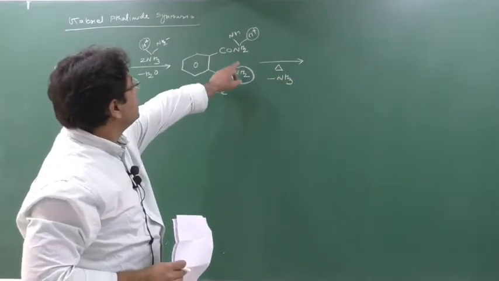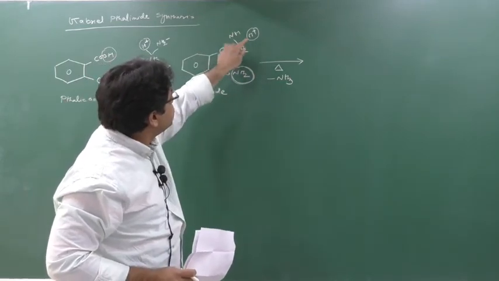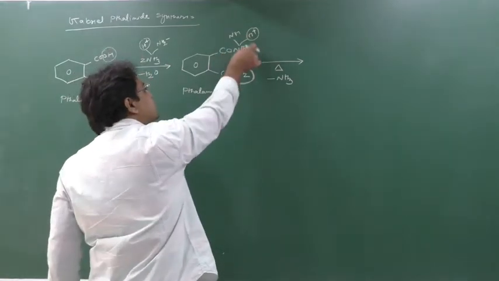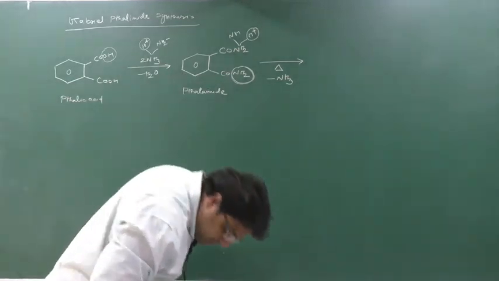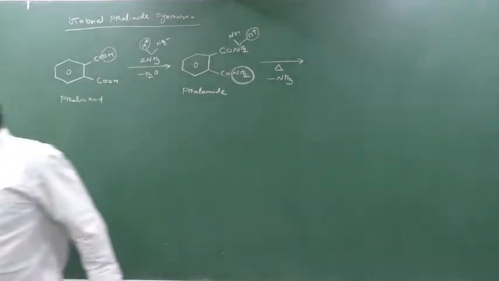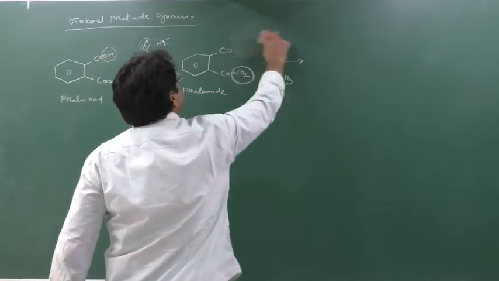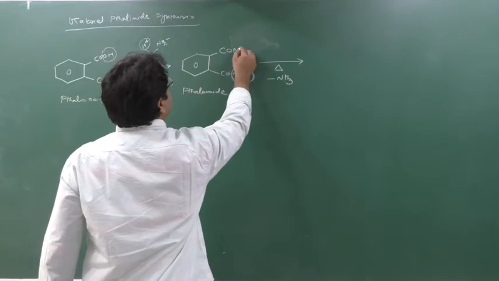Out of this NH2, it will split as NH and H plus. So this NH2 and H plus will form ammonia. This NH will attach here, and this NH is also with CO. Or if you want to be very particular, I can write what I have written now like this also.